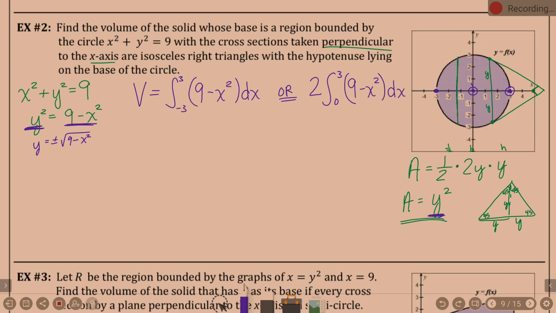You want to go from -3 to 3 or 2 times 0 to 3? 2 times 0 to 3. Okay, so let's do 2 times 0 to 3, and keep your 2 out front. What's the integral of 9? Minus, what's the integral of x squared? 1/3 x cubed, evaluated from 0 to 3. Don't forget your 2 out front.